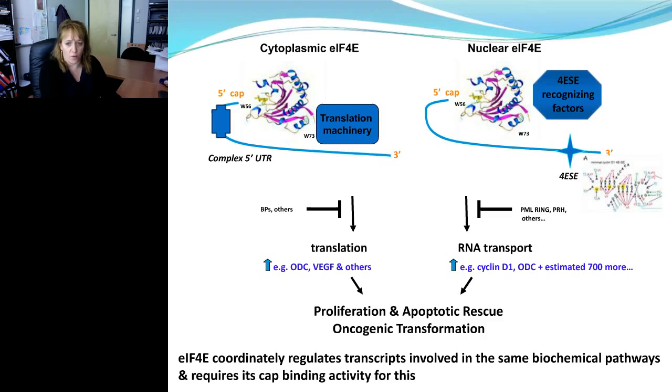In this way, 4E can coordinately regulate transcripts involved in the same biochemical pathways such as proliferation and apoptotic rescue. And also note that both the nuclear and cytoplasmic functions of 4E require its ability to bind the 5' methyl 7 guanosine cap structure.